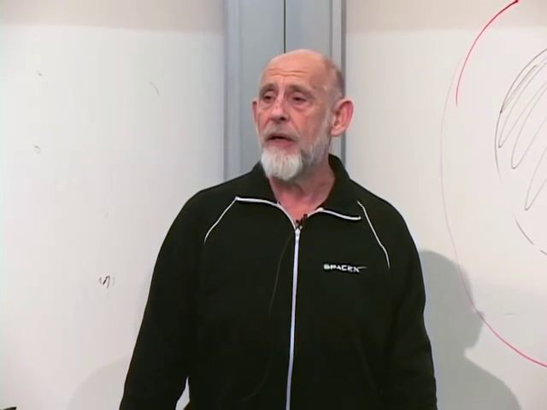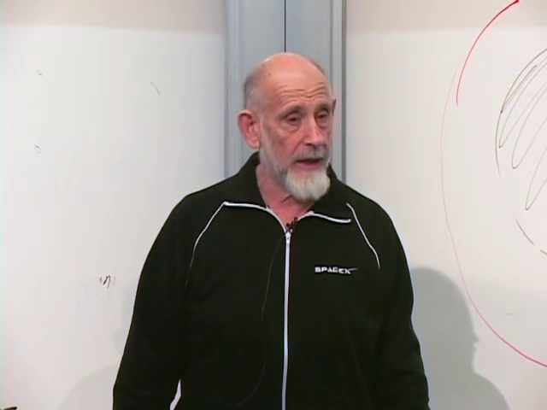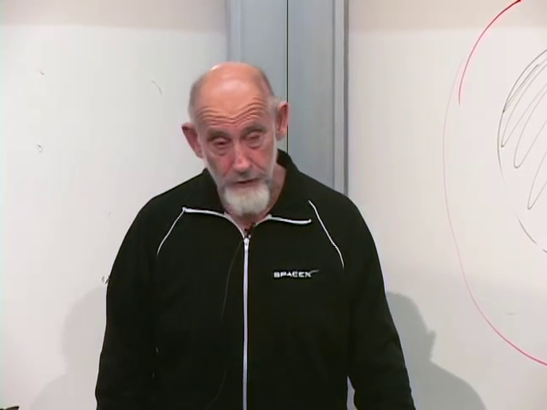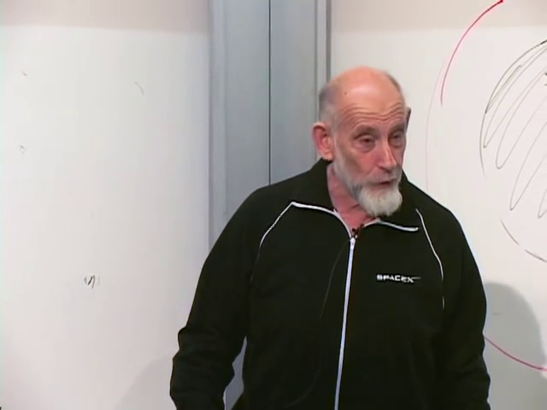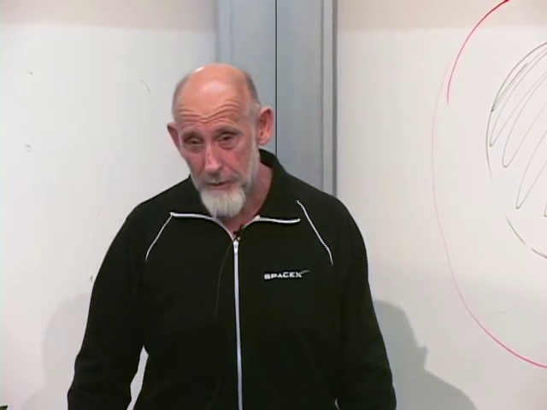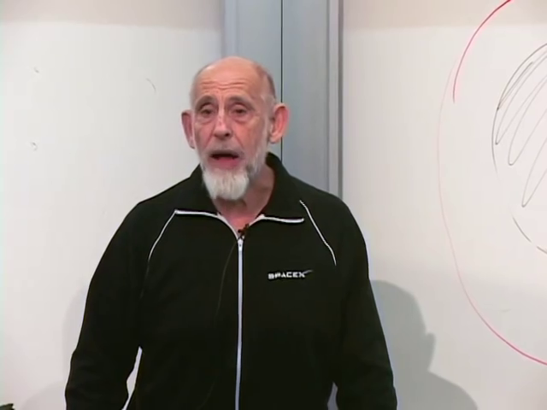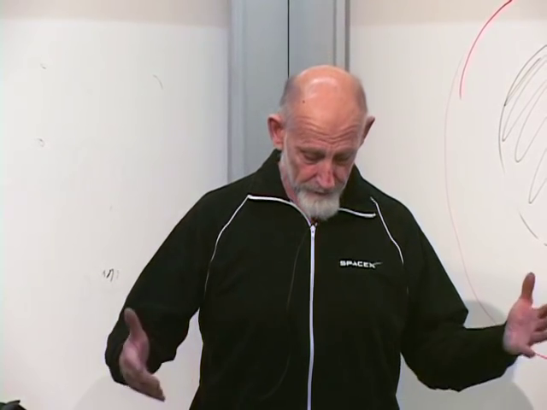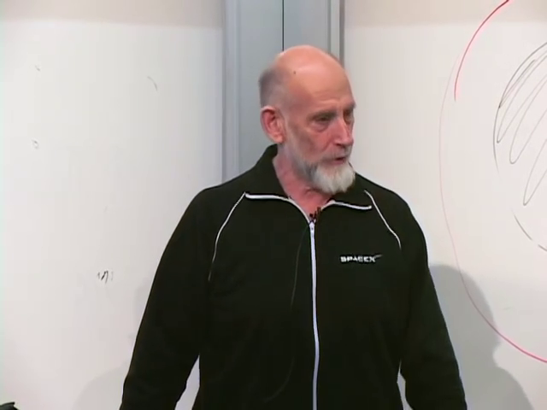Space could be closed and bounded like the surface of a sphere, not the surface of a two-dimensional sphere, but the surface of a three-dimensional sphere. It could be hyperbolic, which is a kind of space which is infinite and negatively curved, quite the opposite of a sphere. But we're not going to do either of those tonight.